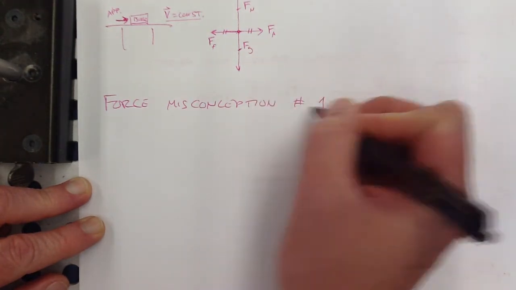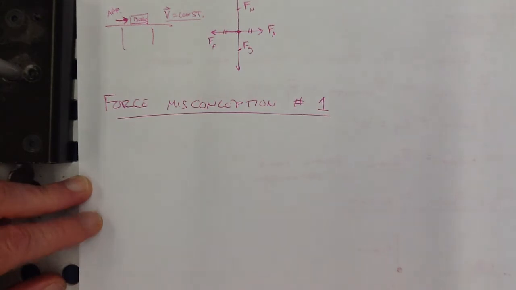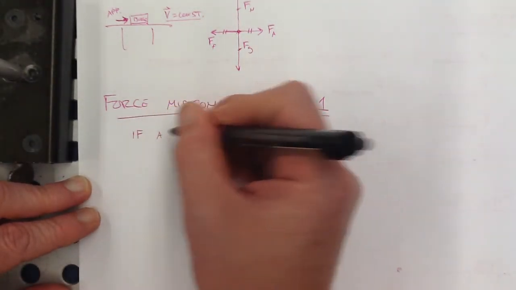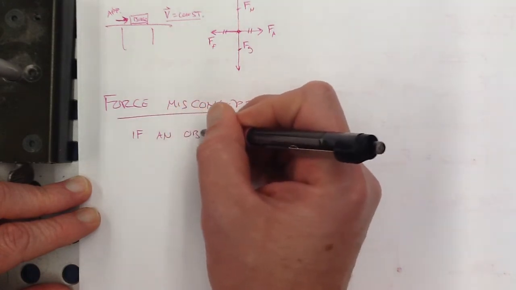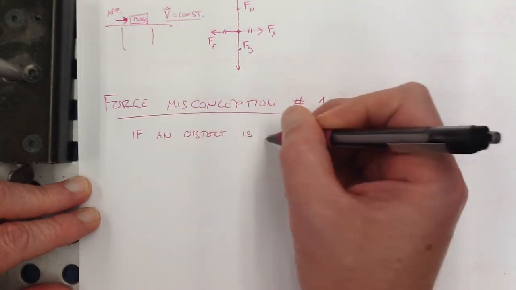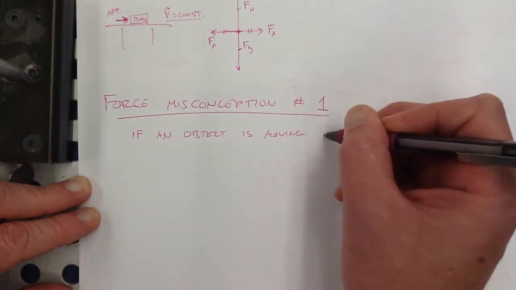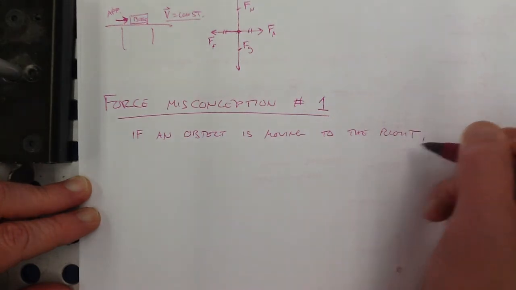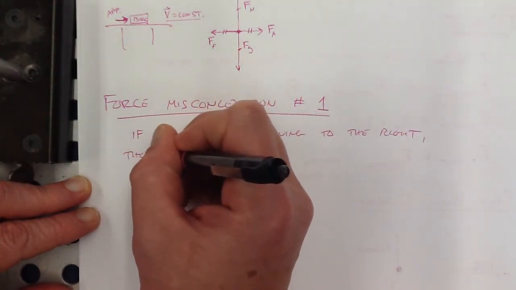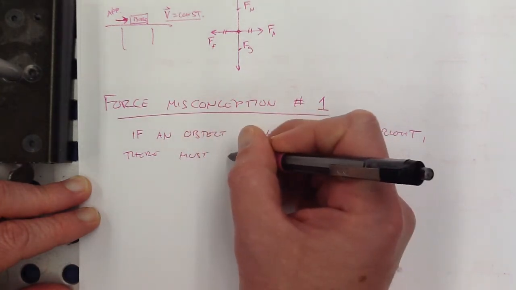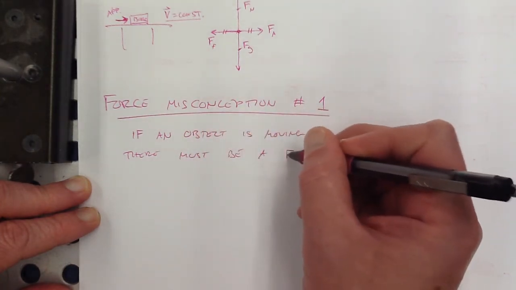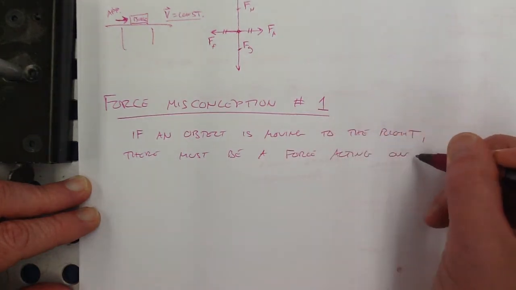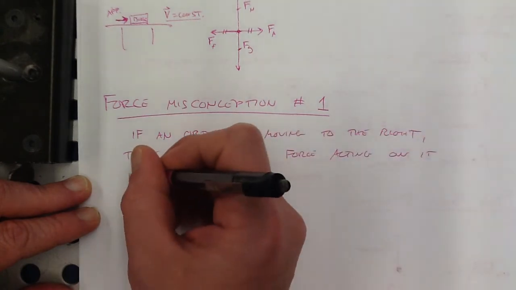Which brings us to force misconception number 1. If an object is moving to the right, there must be a force acting on it in that direction.